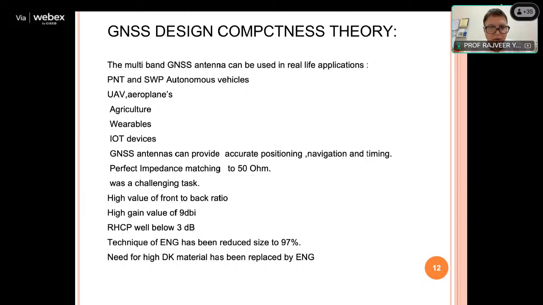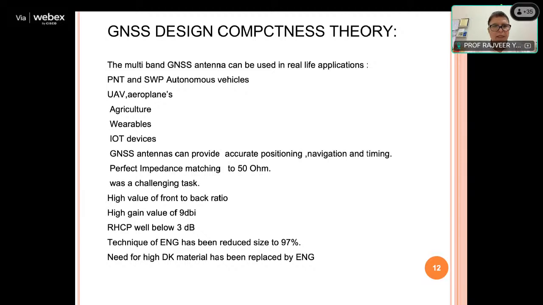So that can only be possible if the matching for all the desired bands is made perfectly 50 ohm impedance and getting a high value of front to back ratio.